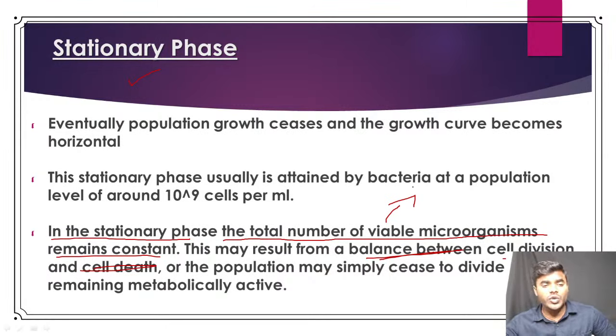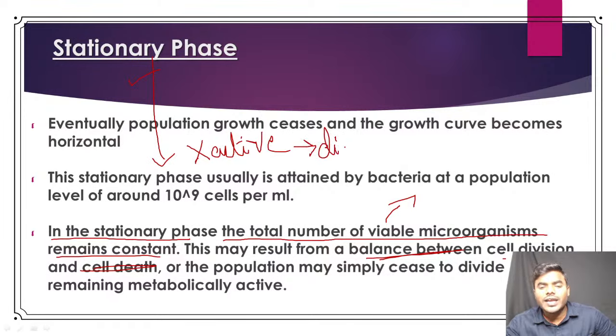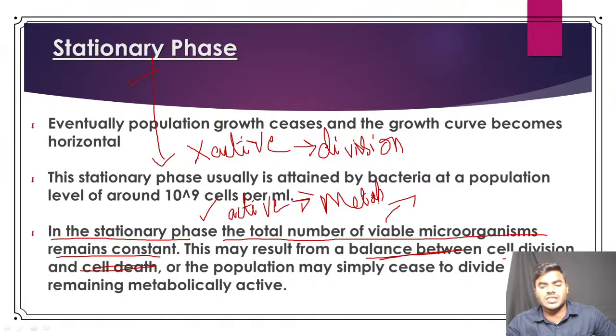Last and final and unique statement every student has to remember, friends. In the stationary phase, the cell is not active in terms of division. But what is the unique statement you people have to remember? The cell is active in terms of metabolism. Never ever forget this particular point.